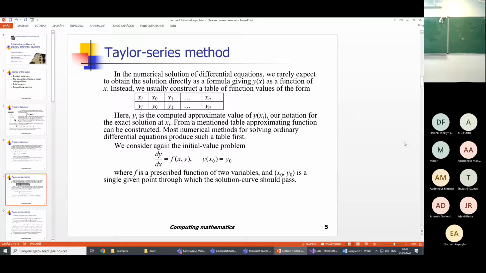The exact solution to this problem is some function y of x.